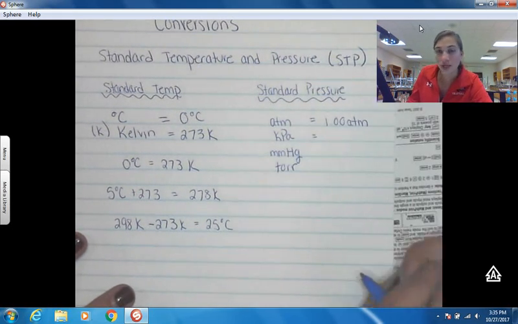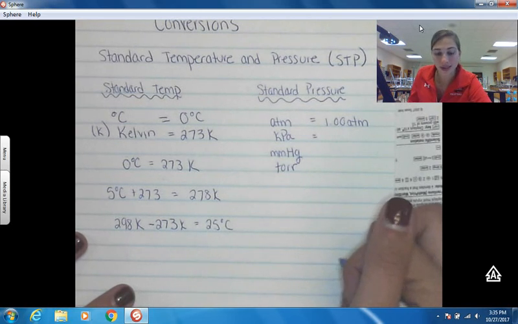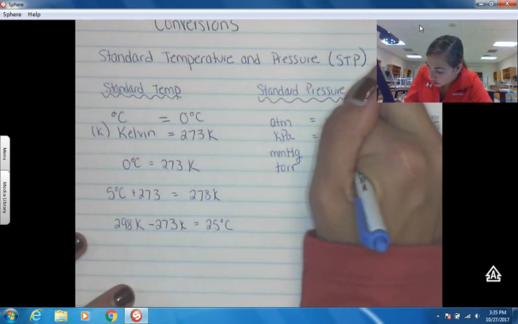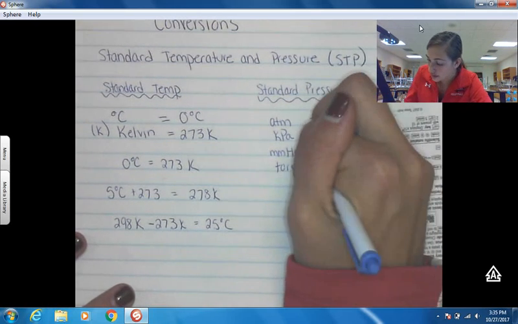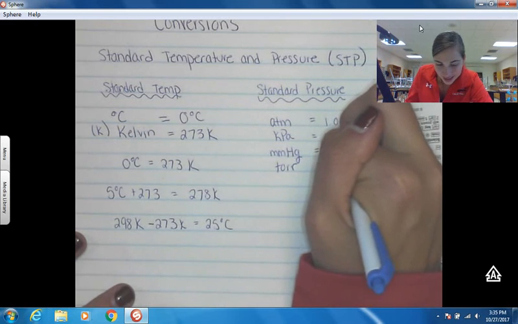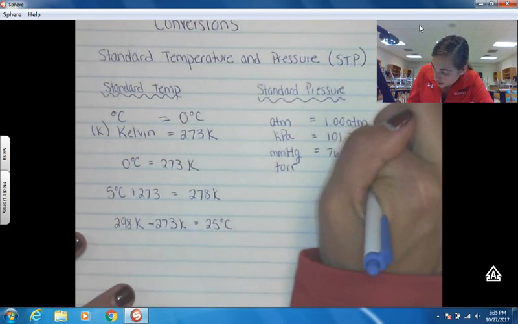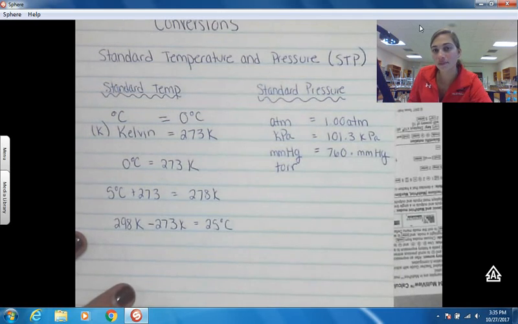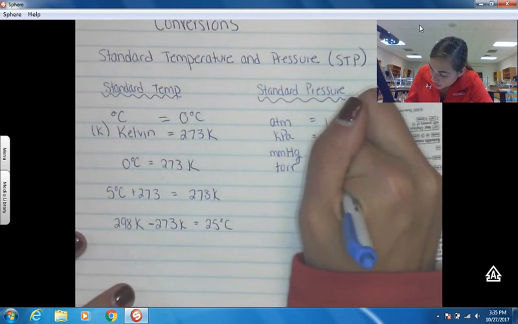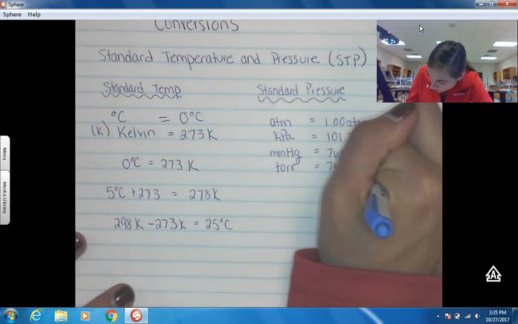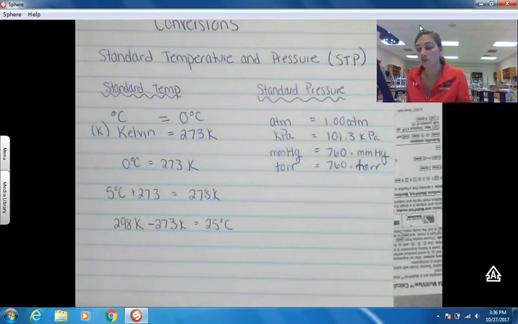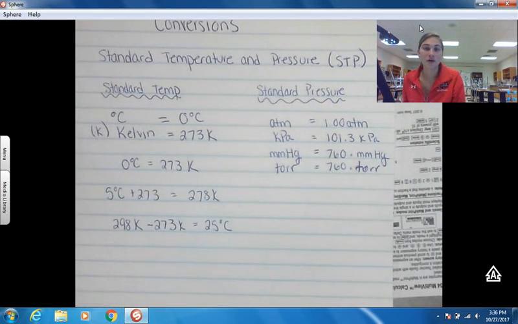Our standard pressure, if we're talking about in units of kilopascals, is 101.3 kilopascals. 760 millimeters of mercury is at sea level, and torr actually uses the same number. So this is all of our units at sea level. Now, if we want to convert between them, we have to use our conversion factors like we've been using all year.